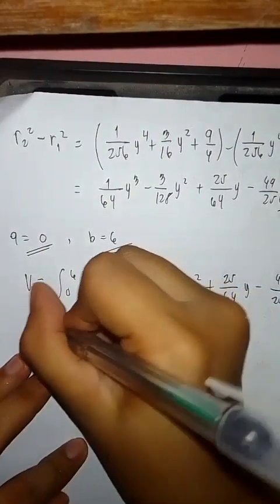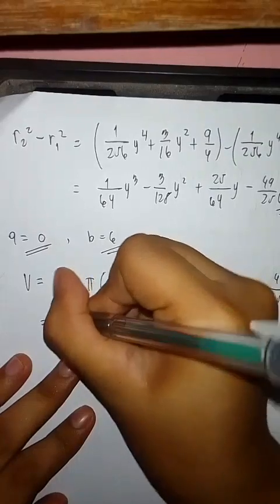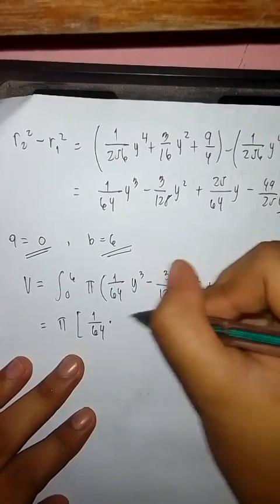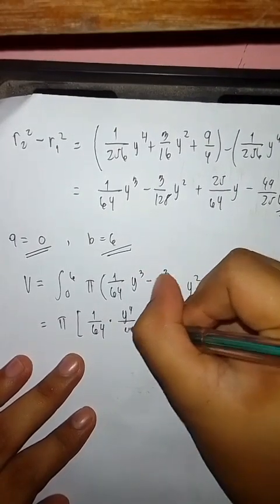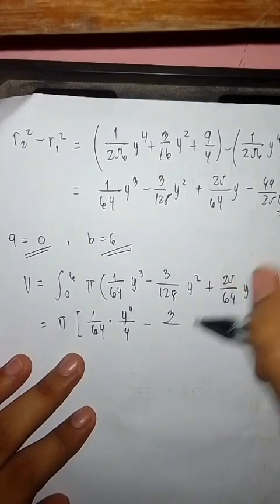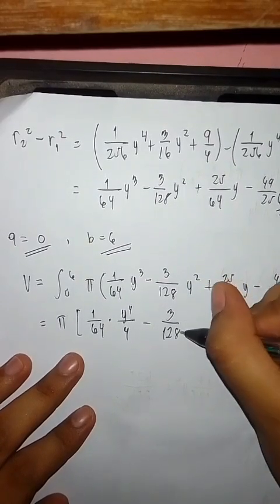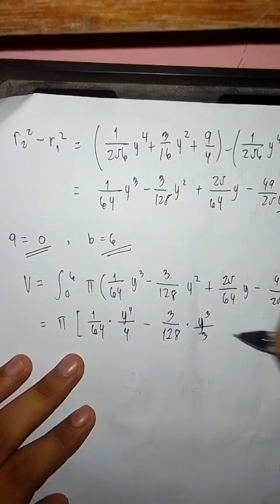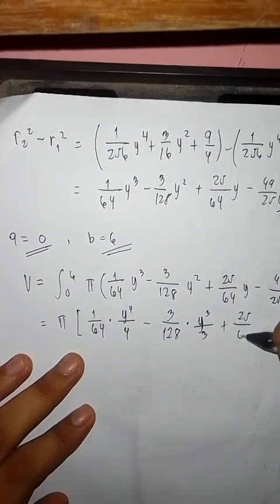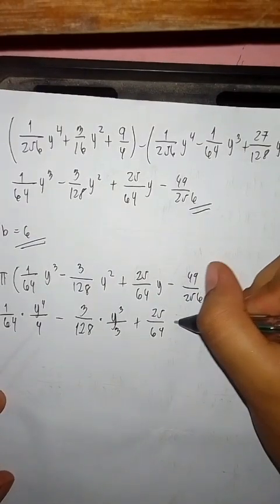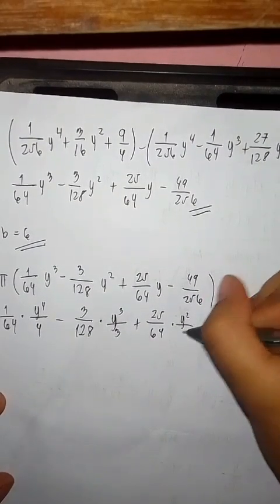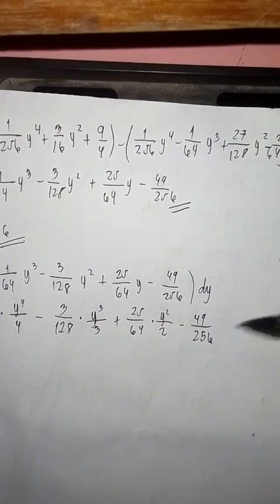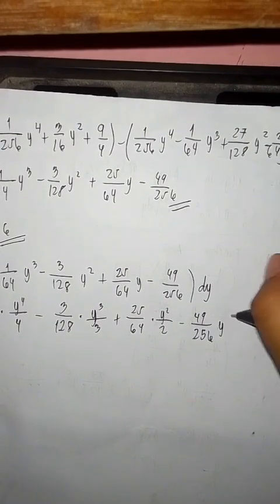We will now integrate. This will become now pi times 1 over 64 times y raised to 4 over 4 minus 3 over 128 times y raised to 3 over 3 plus 25 over 64 times y squared over 2 minus 49 over 256 y.